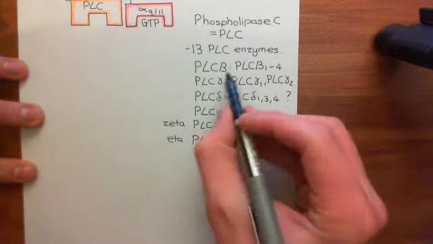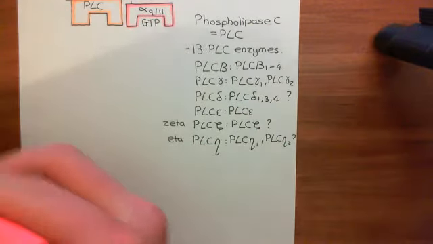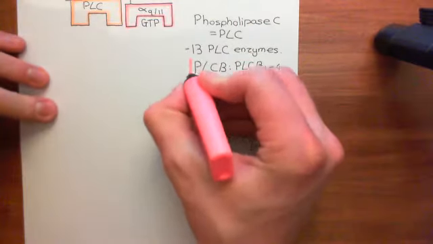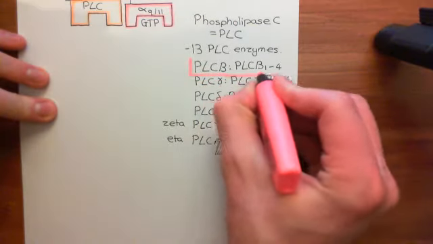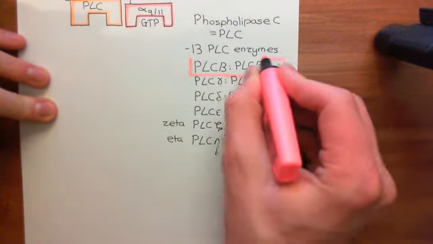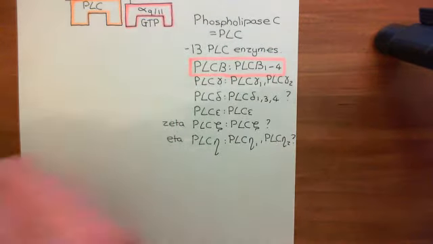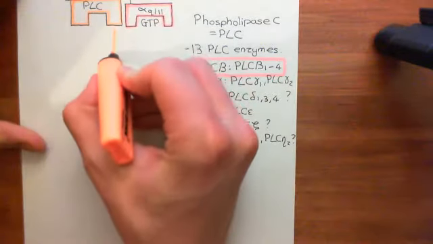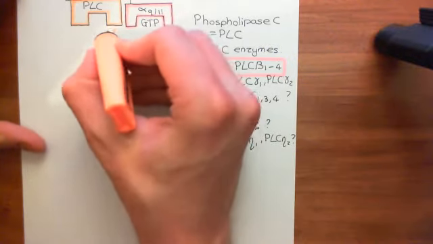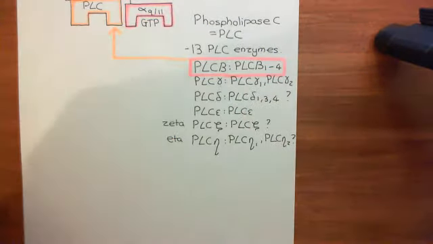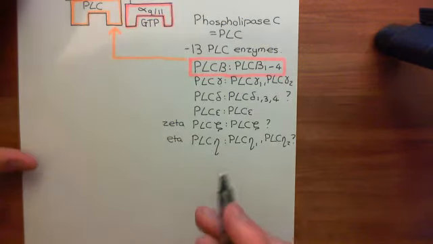Phospholipase C beta is the famous family. This is the one that when people just say phospholipase C and then don't clarify, they mean an enzyme within this family. These are these ones over here that are involved in our pathway. These are the ones which will be activated by alpha Q/11 alpha subunits of heterotrimeric G proteins.